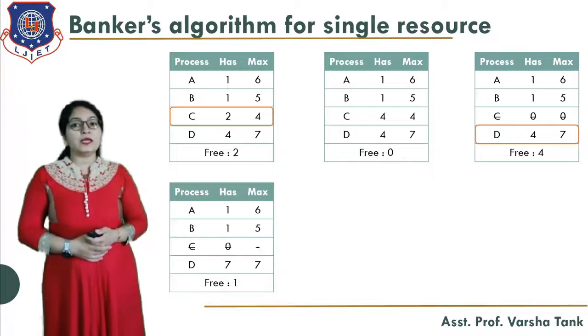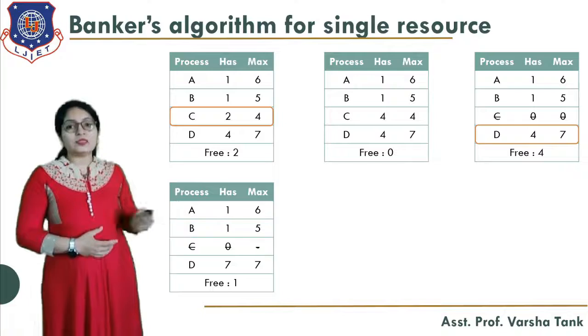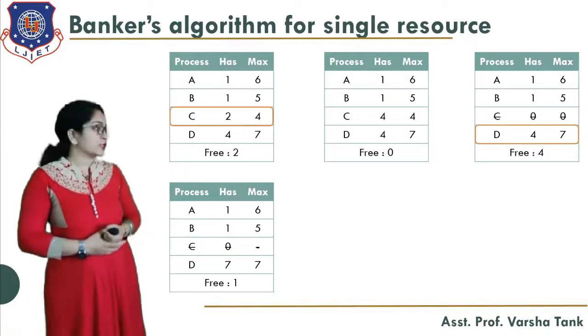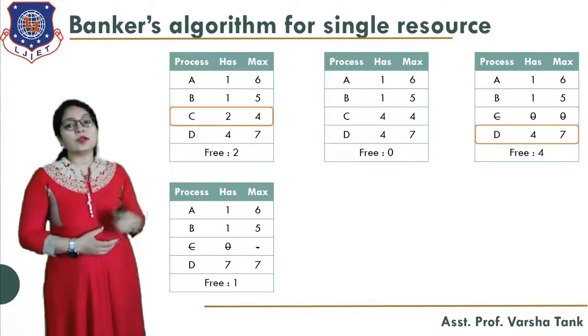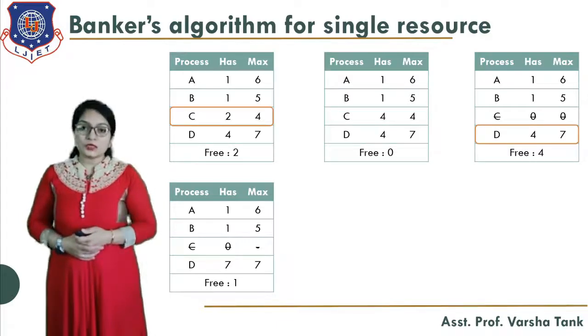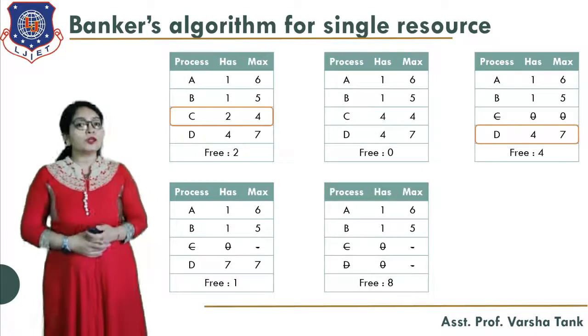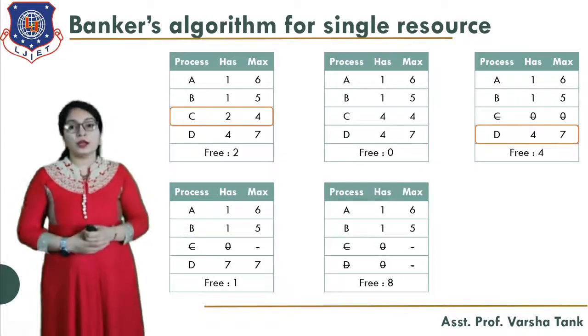So here you can see we have assigned 3 resources to process D. Now process D will complete its execution and release all the resources held by it and newly assigned. So a total of 8 resources are free now.